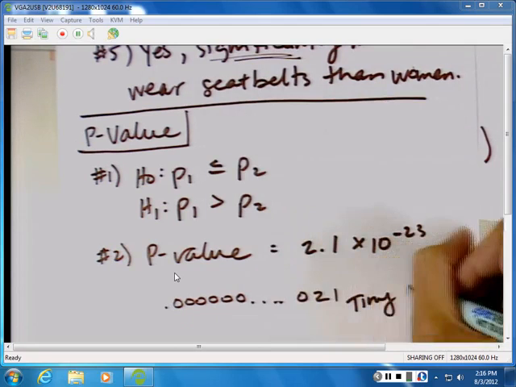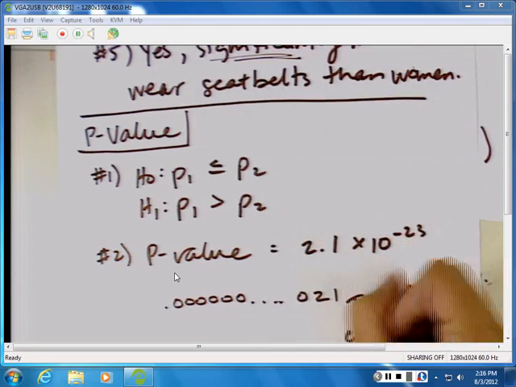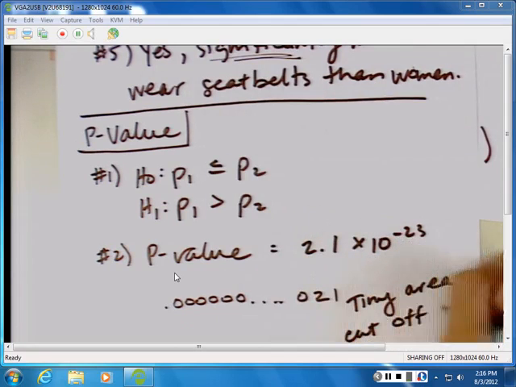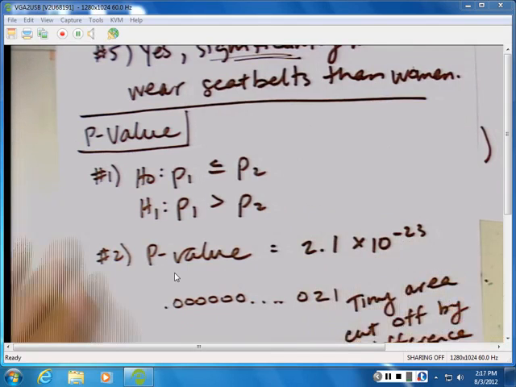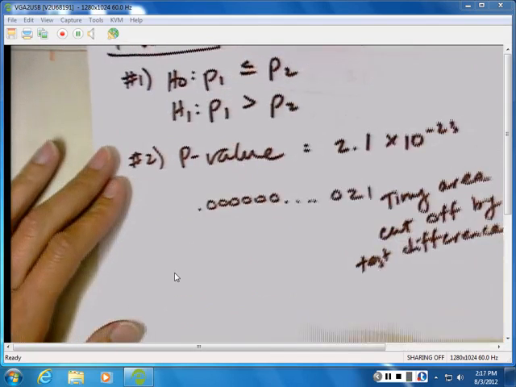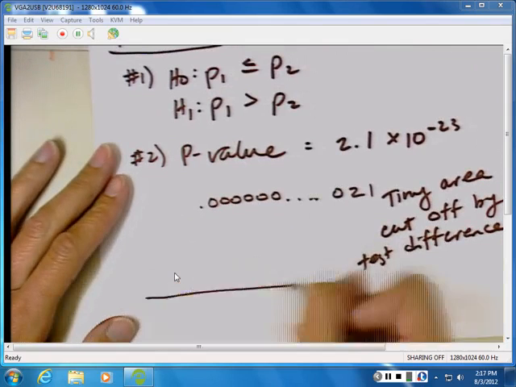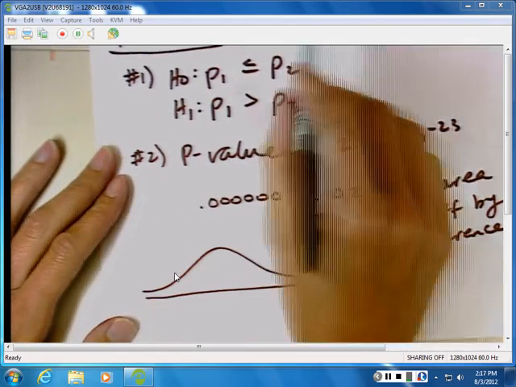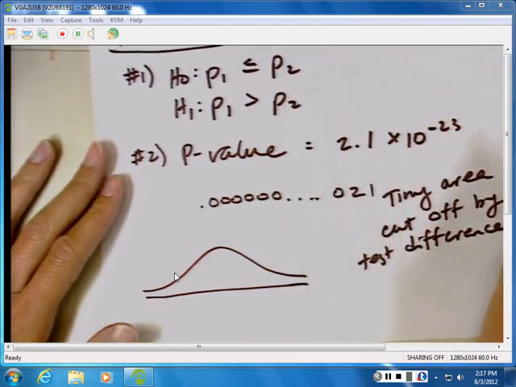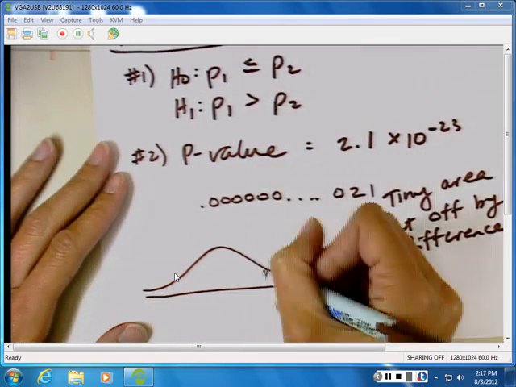Tiny area cut off by the difference. And if you want to say sample difference, test difference, whatever. Tiny, teeny, tiny area. Well, I really wanted that area to fit into the area of the significant region, which was 0.01.